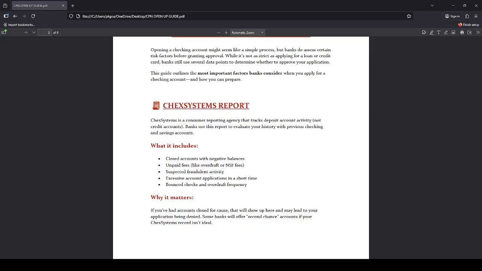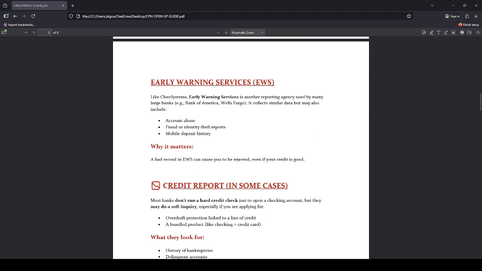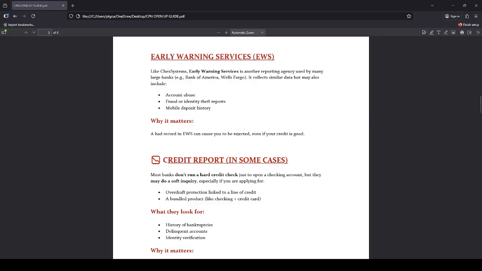Now, obviously, that doesn't apply if you're using a CPN because you probably never opened up a bank account before. Another reporting agency that some of y'all are probably familiar with or not is the EWS, Early Warning Services. They report account abuse, fraud, identity theft reports, and mobile deposit history. So again, if you're CPN wise, you probably don't have to worry about this, but for those people out there wondering why they can't get a bank account, these are the reasons why.